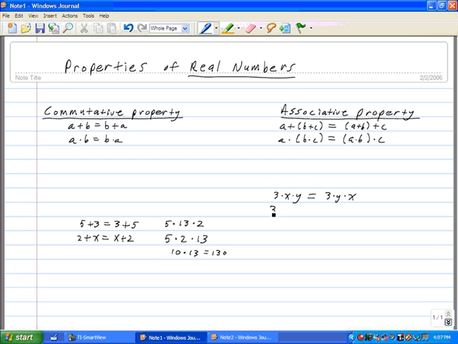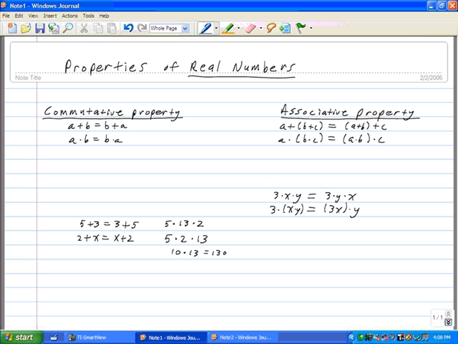But a similar expression, if I had 3 times the quantity x times y, using the associative property, I could shift the parentheses and make that the quantity 3x times y.